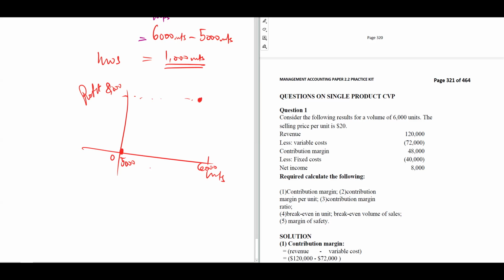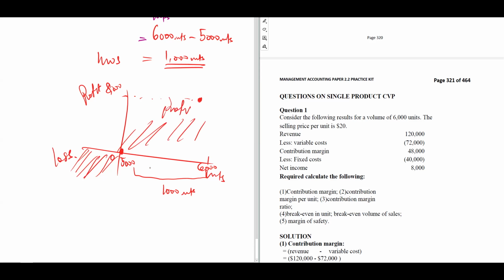Now look at something that happens here. The range between 5,000 and 6,000 is 1,000 units, and anything that falls below the 5,000 is loss making. So everything here is a loss, true or false? And everything here is a profit. Do you all agree?